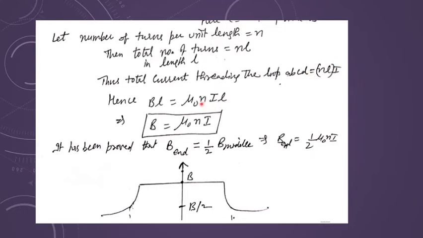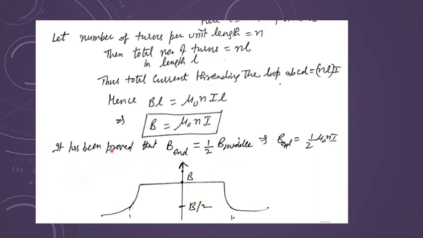On both sides L is common, so you cancel it out and you are left with B equals mu naught nI. This is the expression for the magnetic field when we are finding it in the middle of the solenoid.